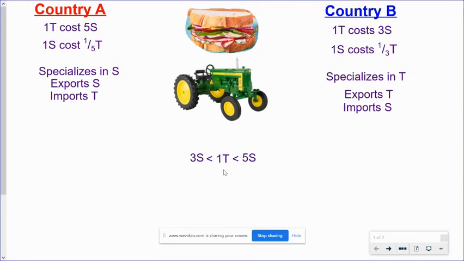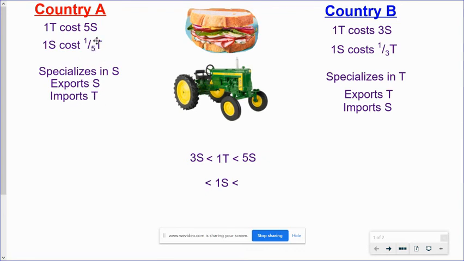We could take the same reasoning and look at it from the perspective of a sandwich. So who is producing sandwiches? Well, that's country A. So what do we know? We know to produce one sandwich, it costs them 1/5 of a tractor.